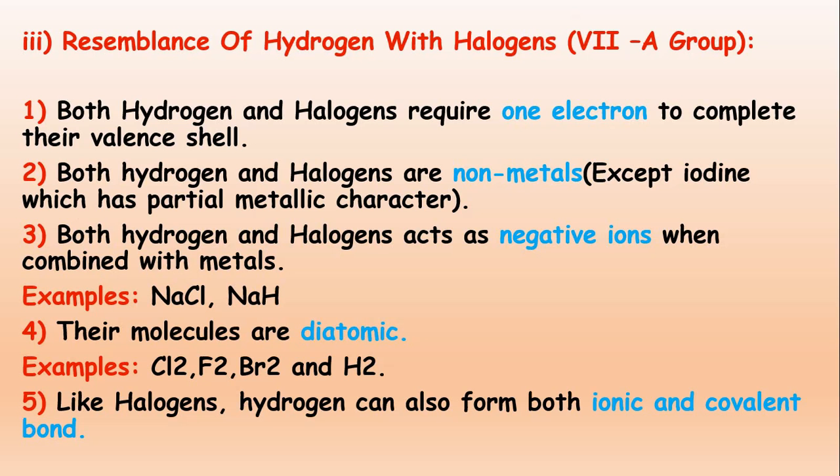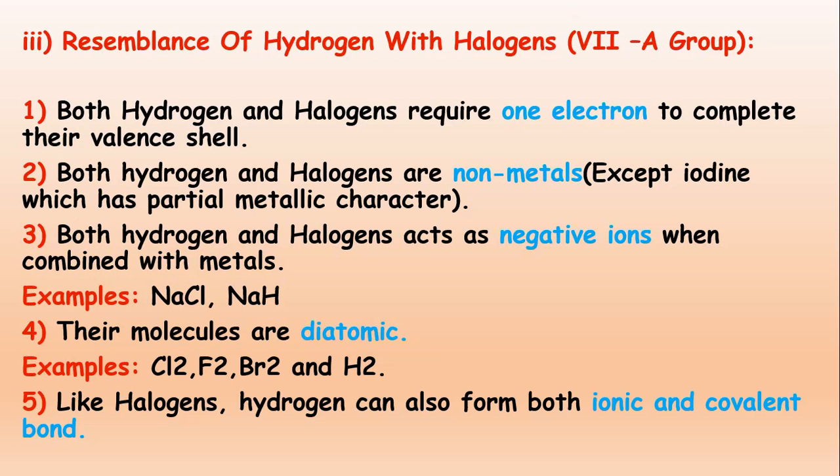Second, both hydrogen and halogens are non-metals, except iodine, which has a partial metallic character, but all the rest have properties like non-metals. In the same way, hydrogen has a non-metallic character. Third, both hydrogen and halogens act as a negative ion when combined with metals.